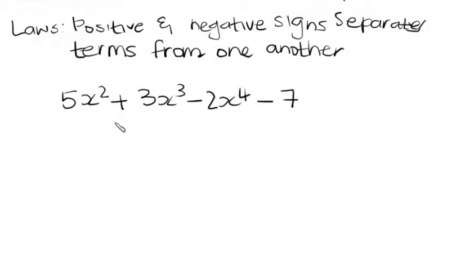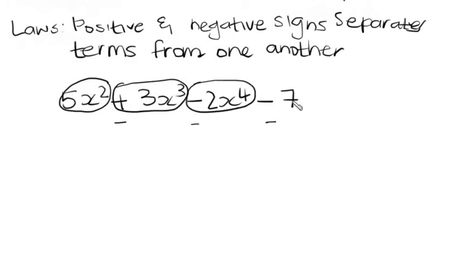There's a positive sign, a negative sign, and a negative sign over there, which means this over here represents one term, with a positive sign in front, that represents another term, that represents your third term, and there we have our fourth term, right?